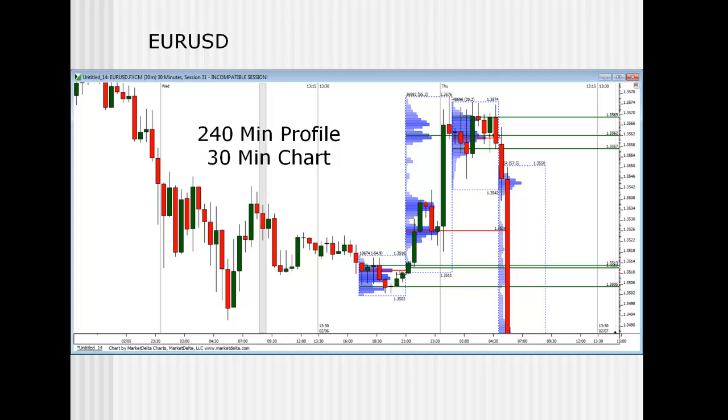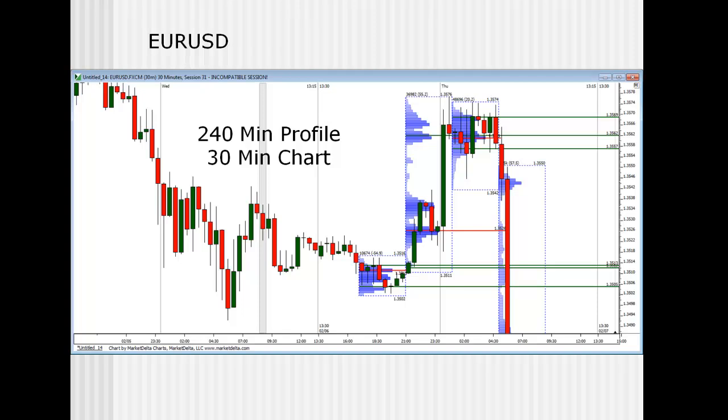I'm going to use, again, my profile tool, and this time the settings for the tool are different. It's a 240-minute profile. Even though I am on a 30-minute chart, I'm looking at a chart of the euro US dollar. I have now put, just as we did earlier, several profiles on it.